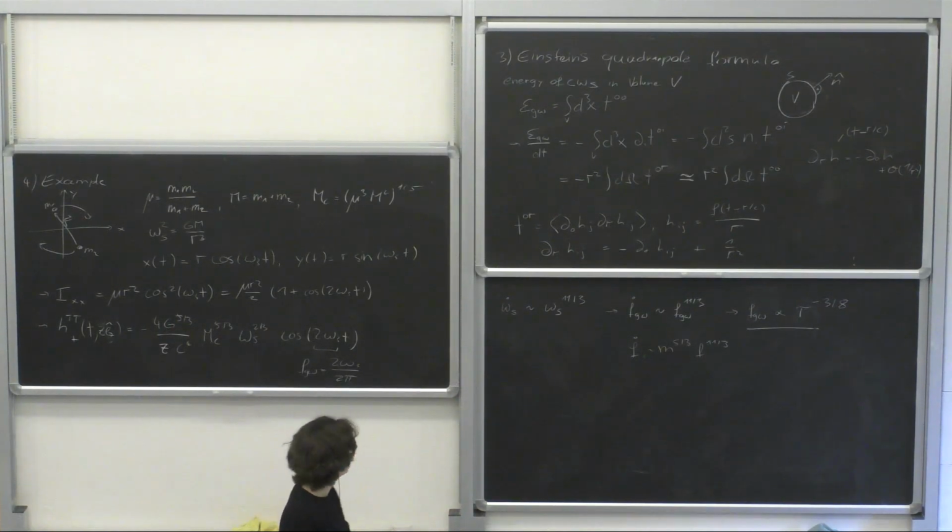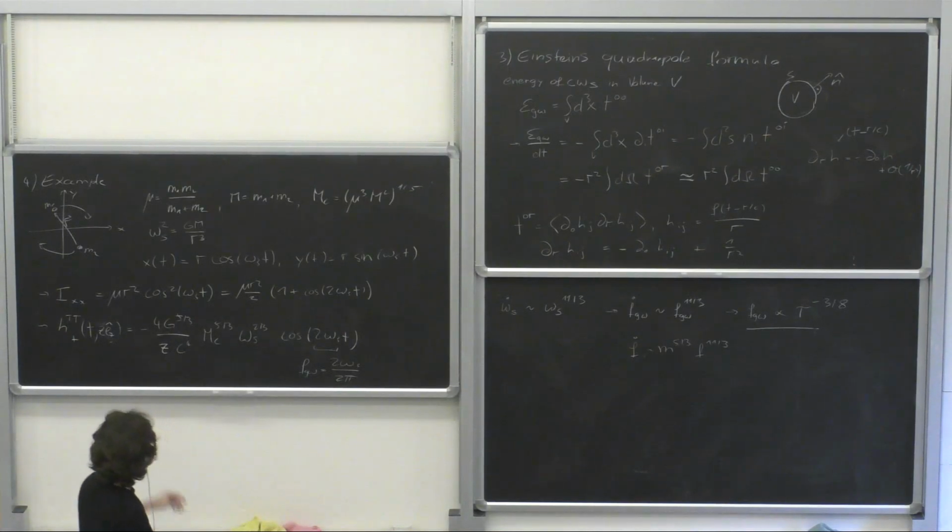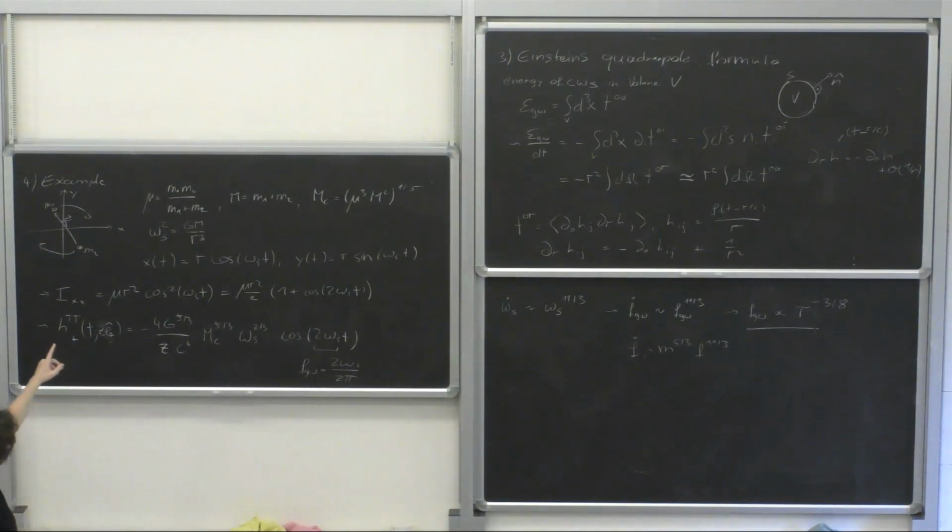But it's true that when I set up the problem, we made some simplifying assumptions. So A, we assumed that it was perfectly circular, and B, we assumed that we're seeing the thing face on. In reality, you can have some ellipticity, at least initially. As you say, over time it will anyway go away.